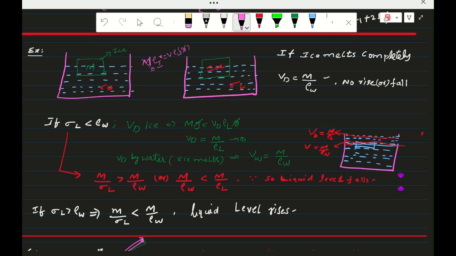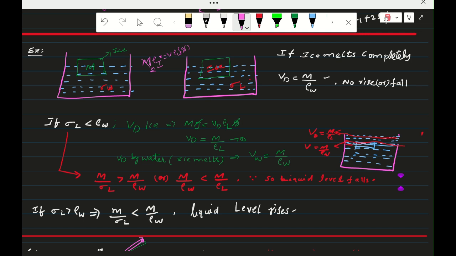Now the total volume is melted, the ice is melted. When ice is placed on any liquid surface, it will not fully submerge, right? Depending on its density, some part is outside the liquid, some part is inside the liquid. Therefore I have taken the immersed volume here. These two densities are not equal now, therefore compulsorily some volume will be outside.